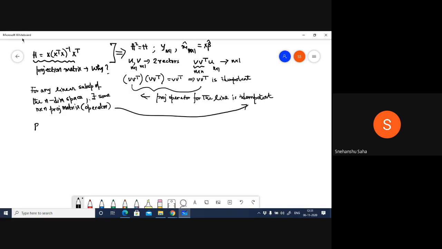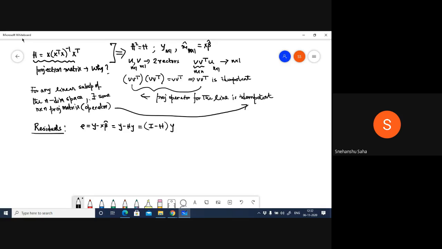Having said that, let's go back to residuals and see how these residuals are computed. We already know that the residuals are nothing but y minus X theta. Using the hat matrix, this can be written as y minus Hy. We have already seen the equivalence.